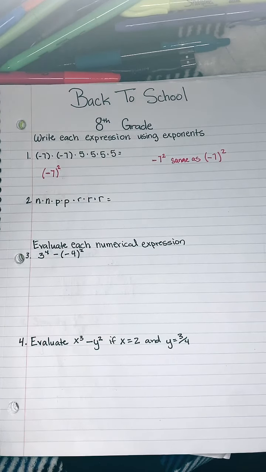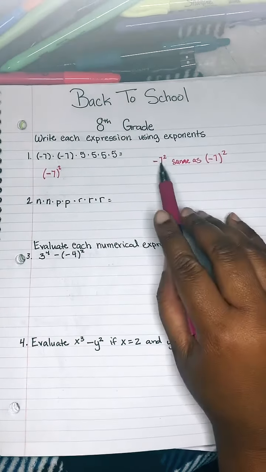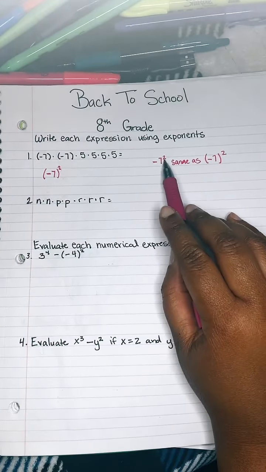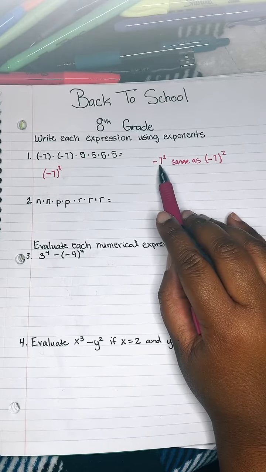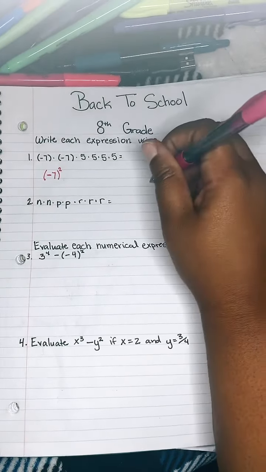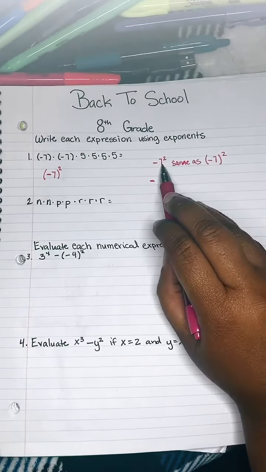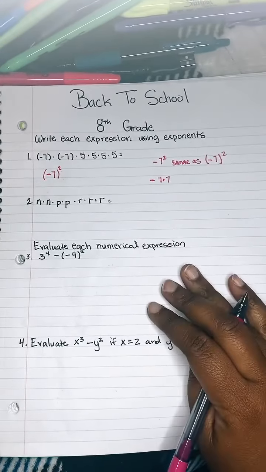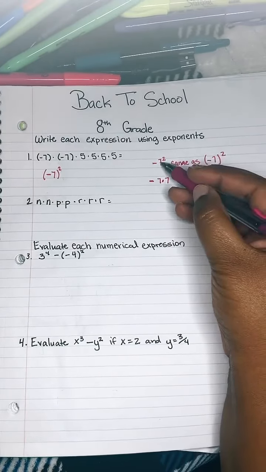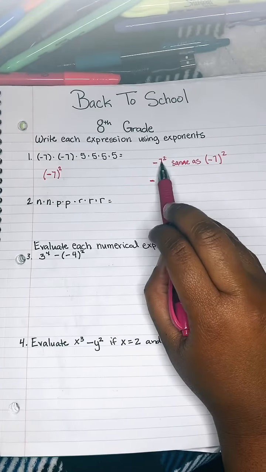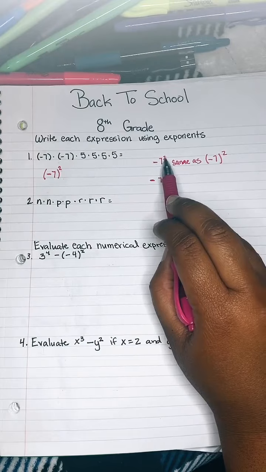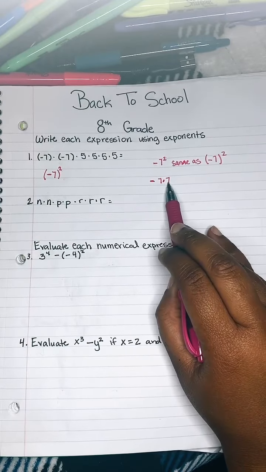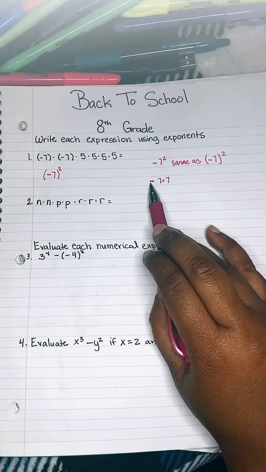Okay. So if I write this, what this exponent's telling me is I have a negative here, and then I have a 7 2 times, because this is 7 squared. This negative is not attached because it's a negative and then it's 7 squared. So it's 7, 7, and then a negative.